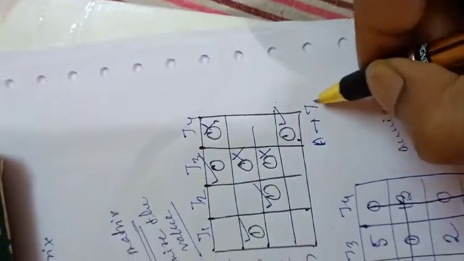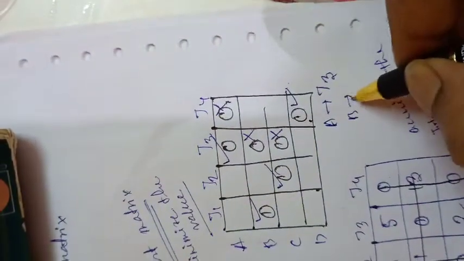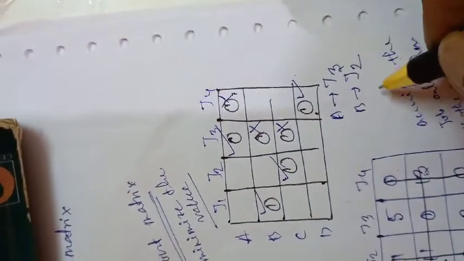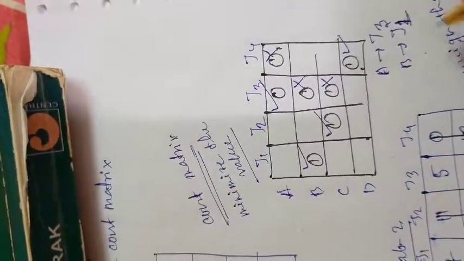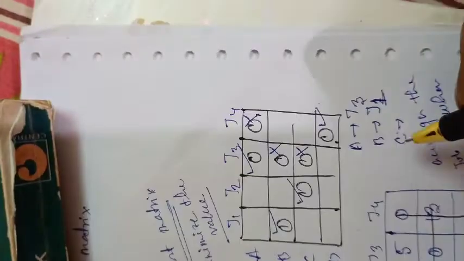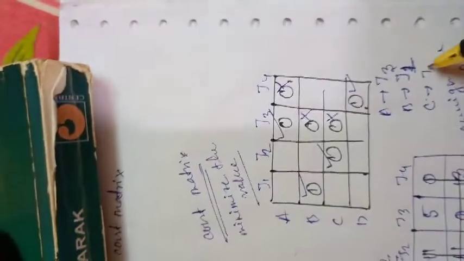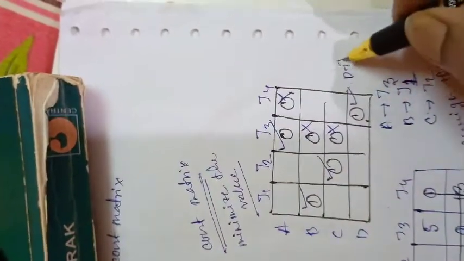So now what will be the assignment? A to J3, B to J1, C to J2 and D to J4.